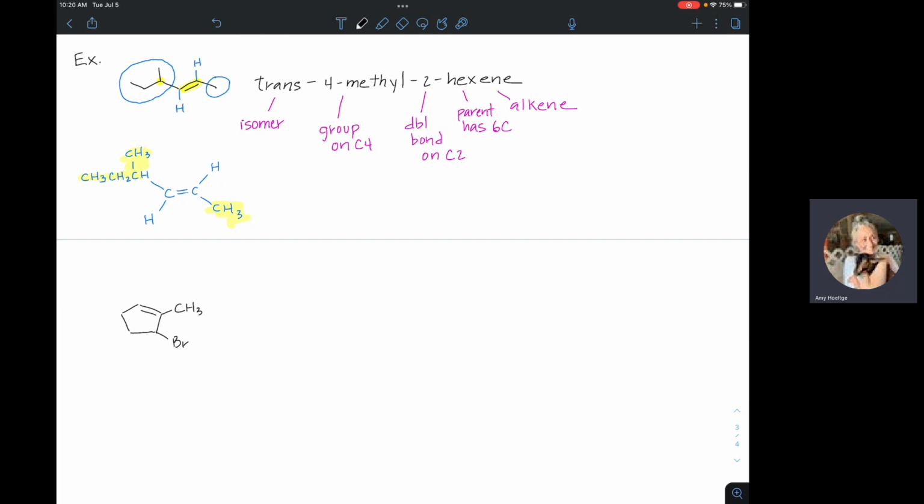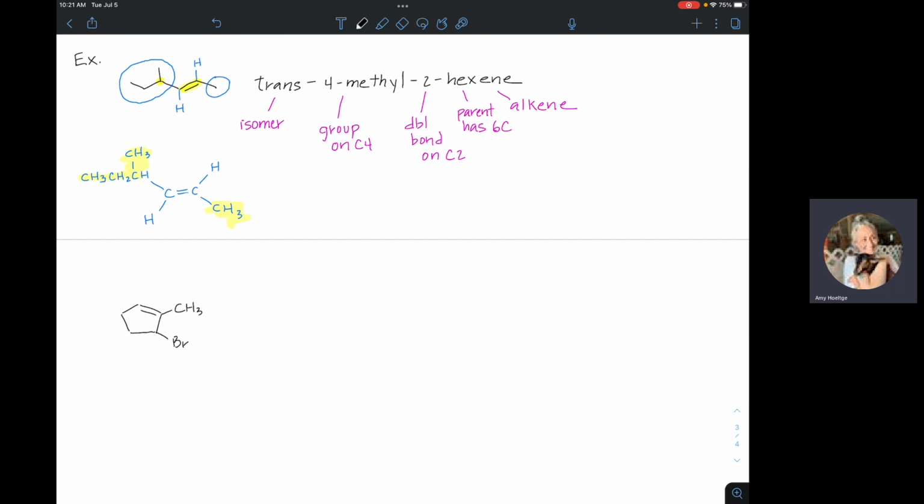When there's only one double bond in the ring, you're always going to start with the lowest possible number, so number 1, and then you're going to number or name your substituents as you go through the double bond, giving the double bond the lowest possible number, while letting each substituent get its own lowest possible number after that. So you have to prioritize how you do this.